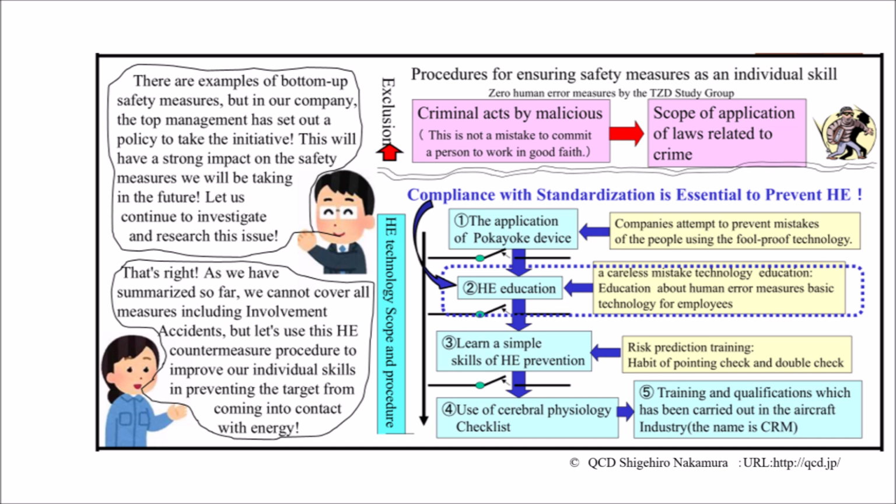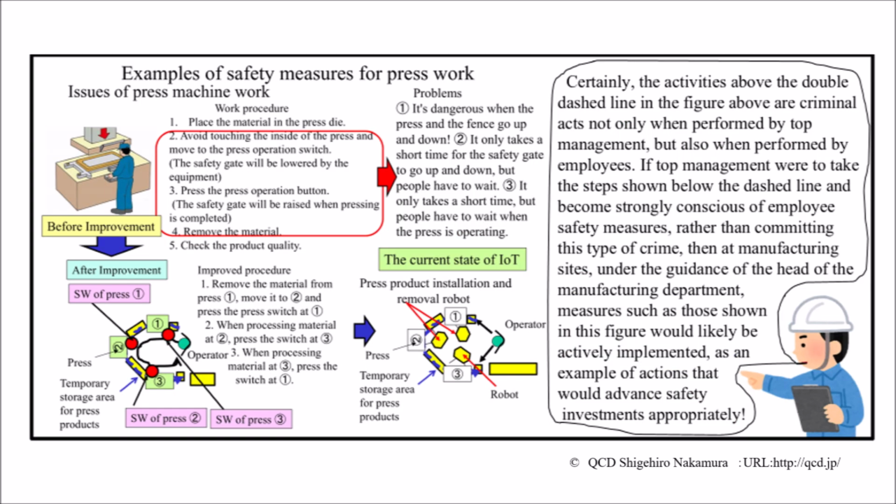As for examples of safety violations that can lead to accidents, please refer to the examples introduced in the picture book. Excluding these types of actions, the first safety measure is the use of poka-yoke. Let me introduce one of those examples. This is an example of a poka-yoke prevention measure at a press work site.